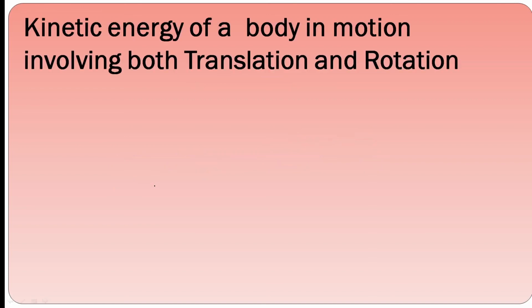Now let us look at the kinetic energy of a body in motion involving both translation and rotation. We know kinetic energy is equal to half summation over i of m_i v_i square.